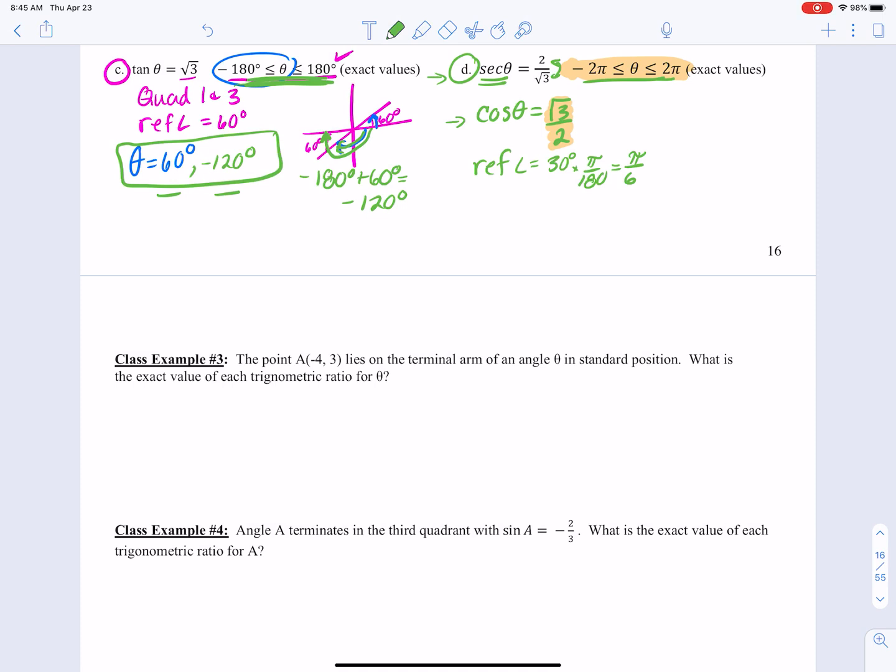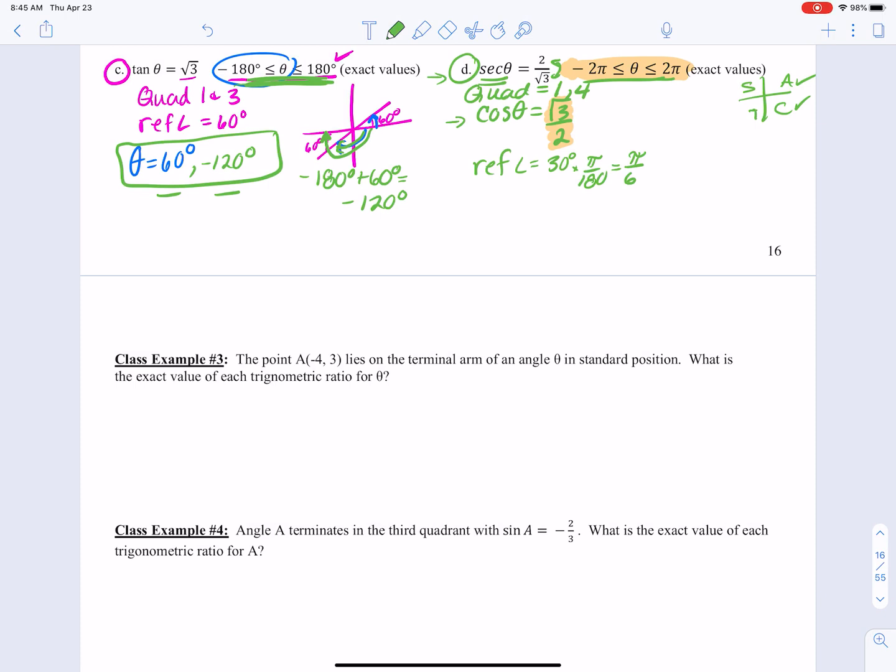Oh, I forgot to do the quadrant here. Let's go back and take a look at what quadrants I'm allowed to report that answer in. If I'm following the CAST rule and it's cosine and it's positive, I know I can report angles in quadrant 1 and 4.